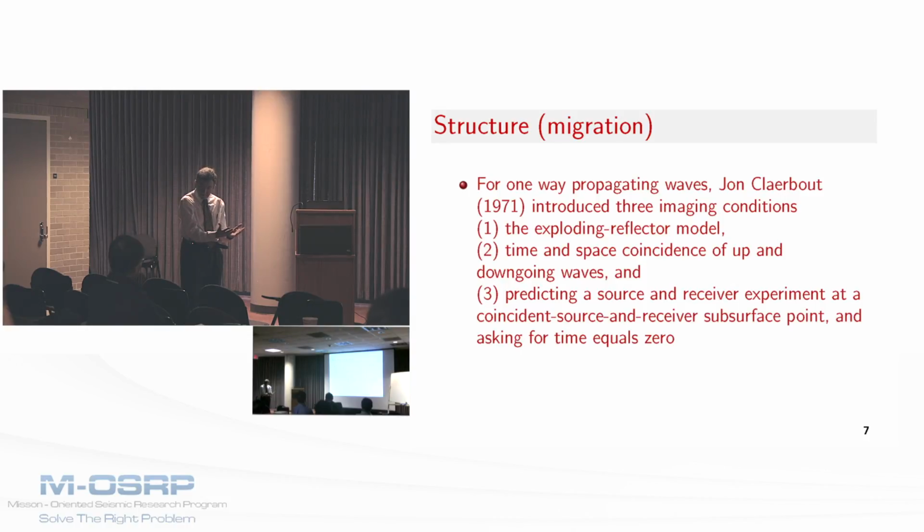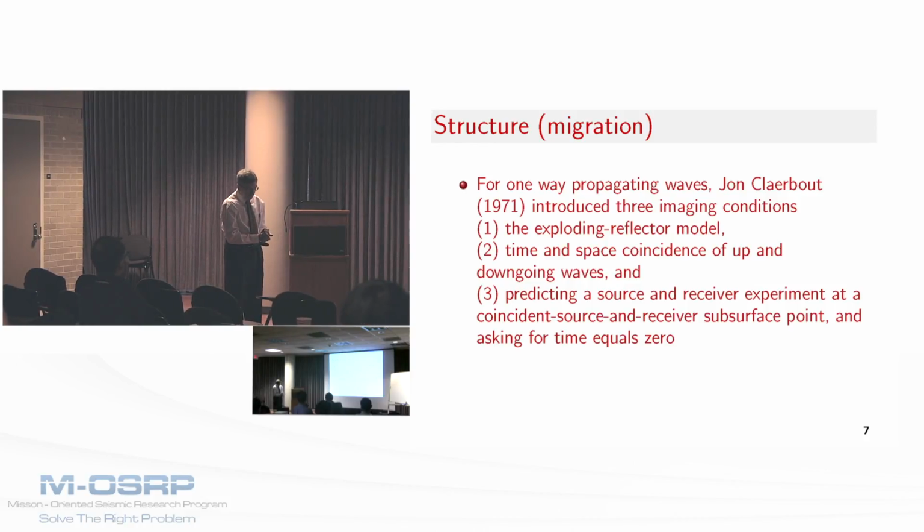The power there is you get a yes or no. If you have a source and receiver here at time equals 0, and it's coincident, and you get no answer, you get a 0 value, there is no reflector there. If you get a non-zero value, there's a reflector there. Something local is going on there. That's extremely important. You'll see when we show you the differences tomorrow why that's so important.